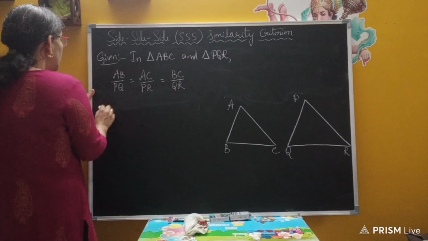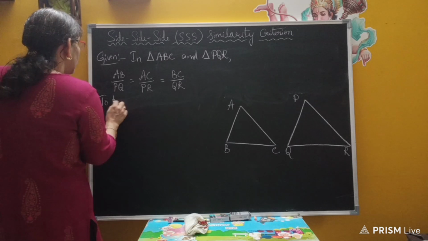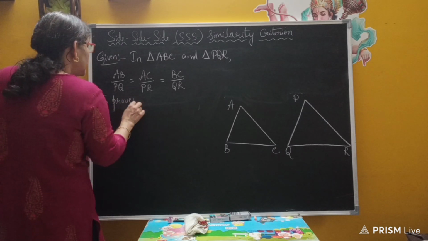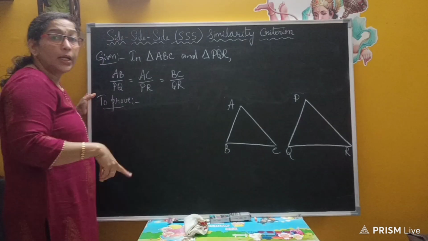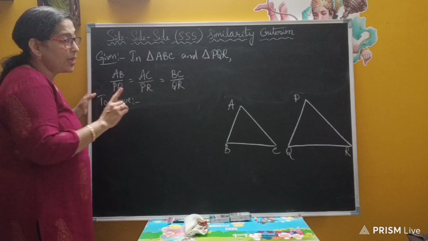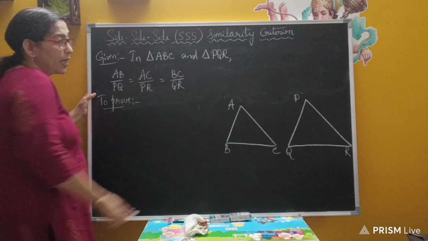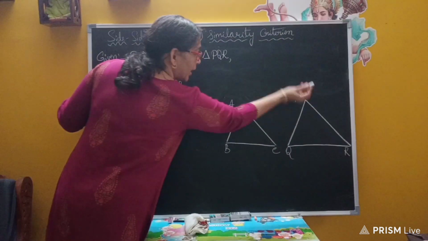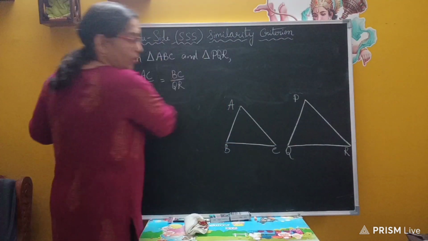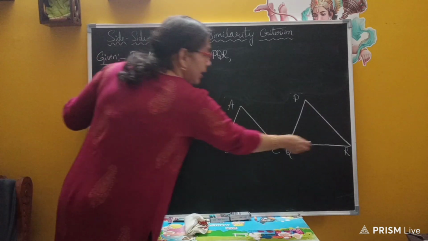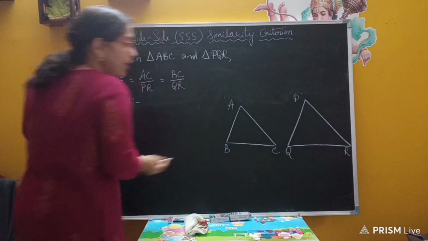So what is to be proved? That is to prove angles are equal. Corresponding angles are equal. Which are the corresponding angles? A and P are corresponding angles, B and Q are corresponding angles, C and R are corresponding angles.